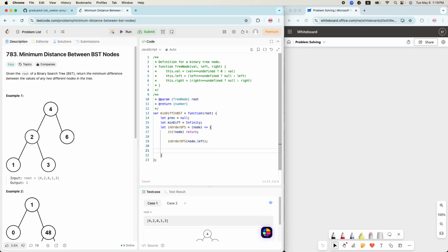And then if previous is not null, find the minimum difference: minimum difference equals Math.min of minimum difference and node.val minus previous.